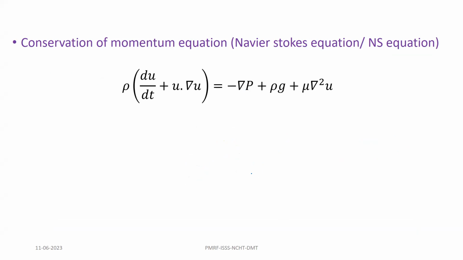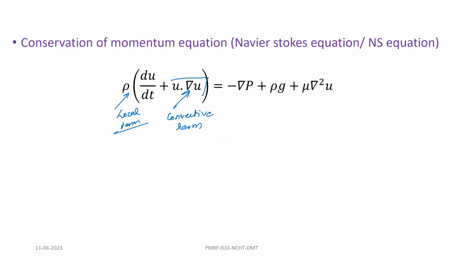The detailed derivation is also available in the literature. You can just refer to it. So I will quickly mention all the terms inside this. This is our density, and this is called a local term, which is actually the time term. Then this is called a convective term.